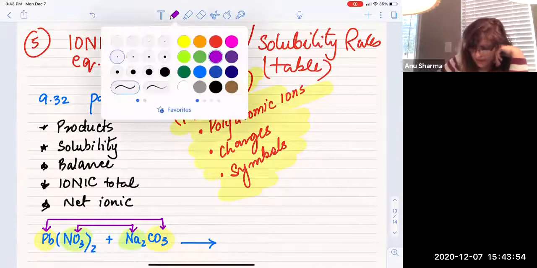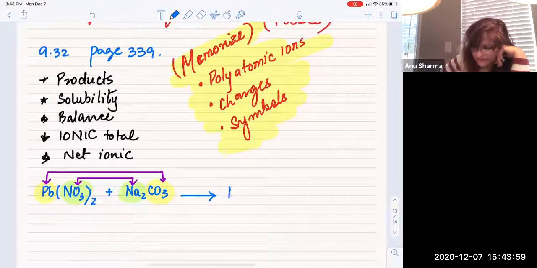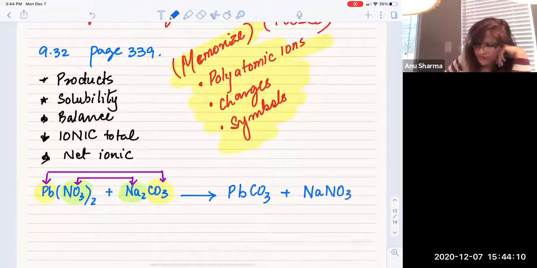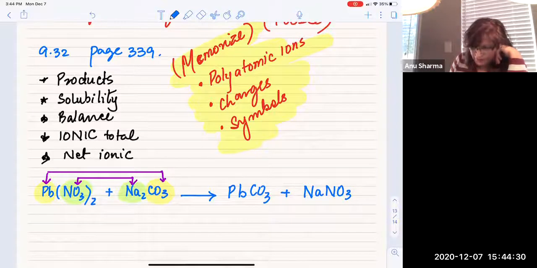Now you have lead carbonate, PbCO3, and the next is sodium nitrate, NaNO3. You should know the charge on nitrate and the charge on carbonate. Why did I just write PbCO3 and not some other ratio? Because the charges are balanced. Balancing the charges.